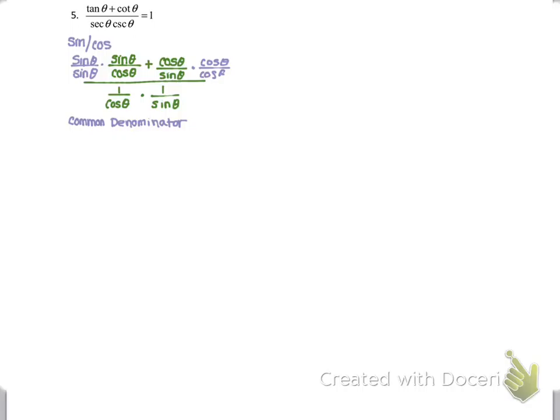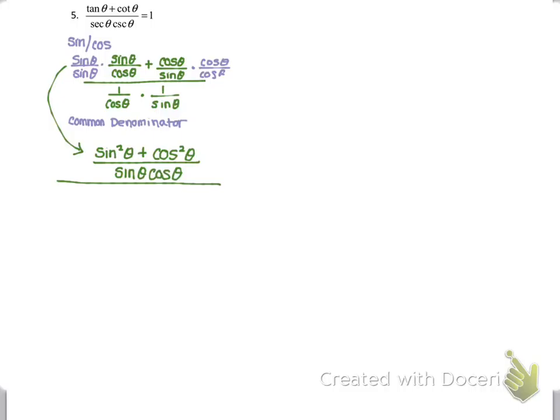Okay, so now we can skip down. So that gives me sine squared plus cosine squared all over sine times cosine. And this is just the numerator.